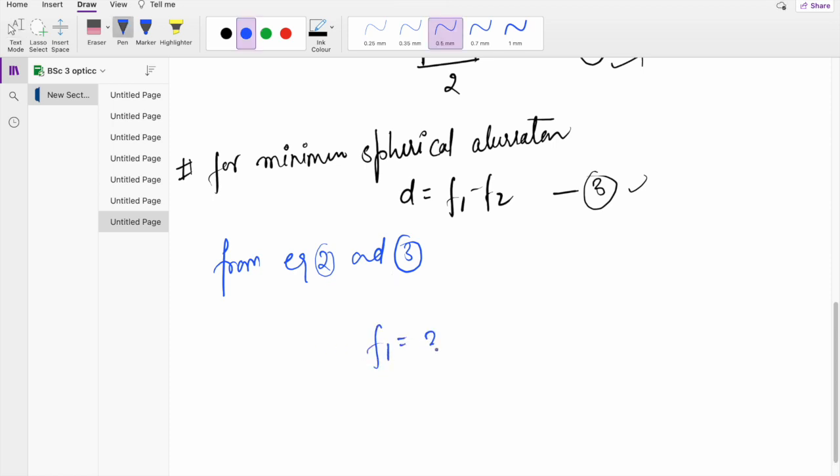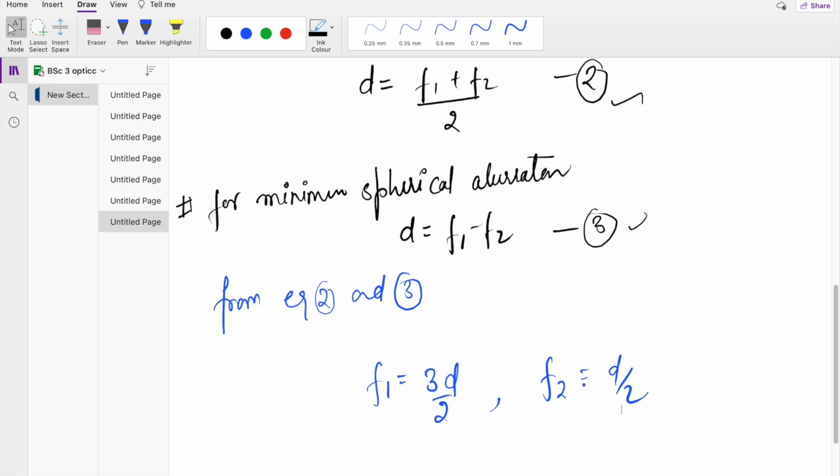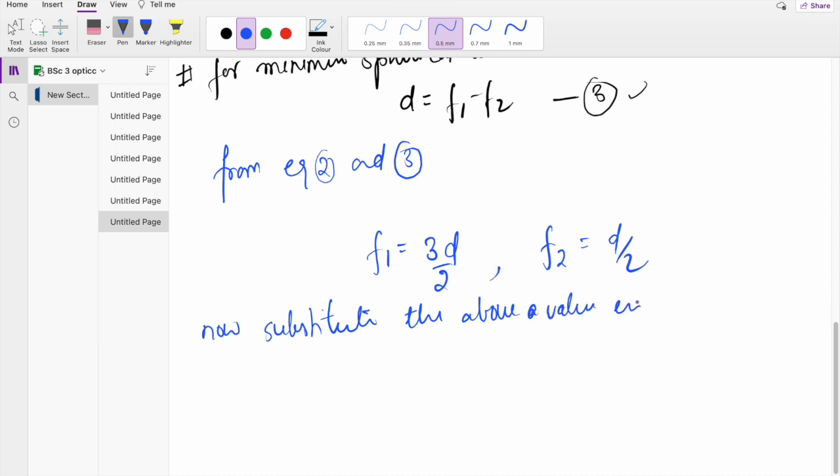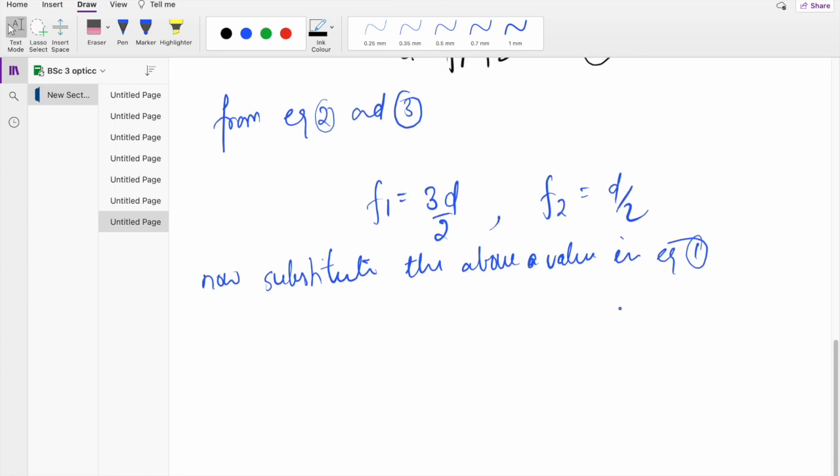f1 becomes 3d upon 2, and f2 becomes d upon 2. Now substitute the above values in equation 1. What is equation 1? 1 upon F is 1 upon f1 plus 1 upon f2 minus d upon f1 f2.